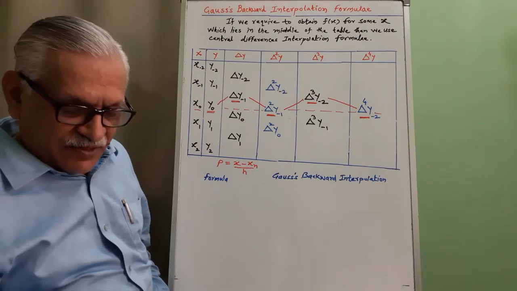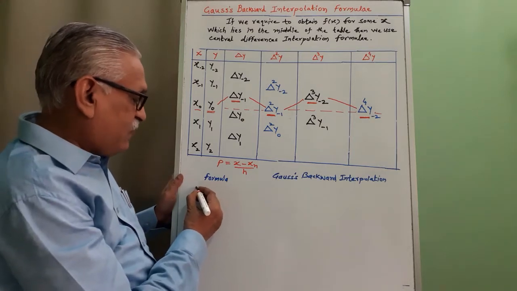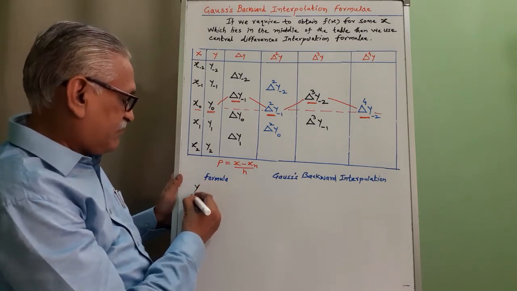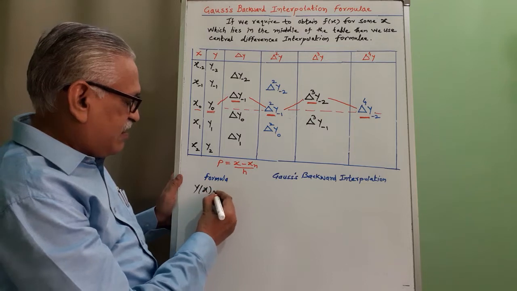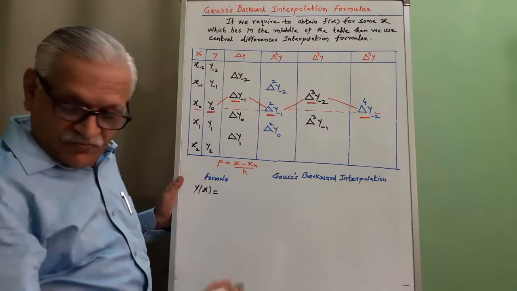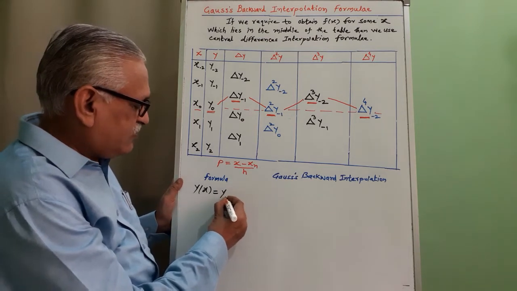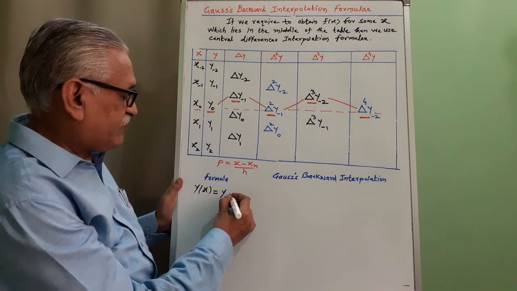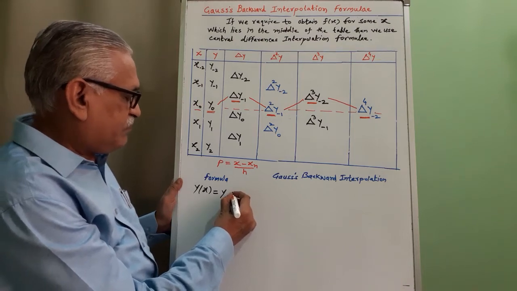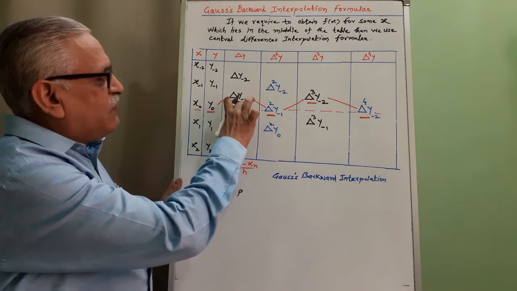Then y of x is given as y0 plus p into del y minus 1.